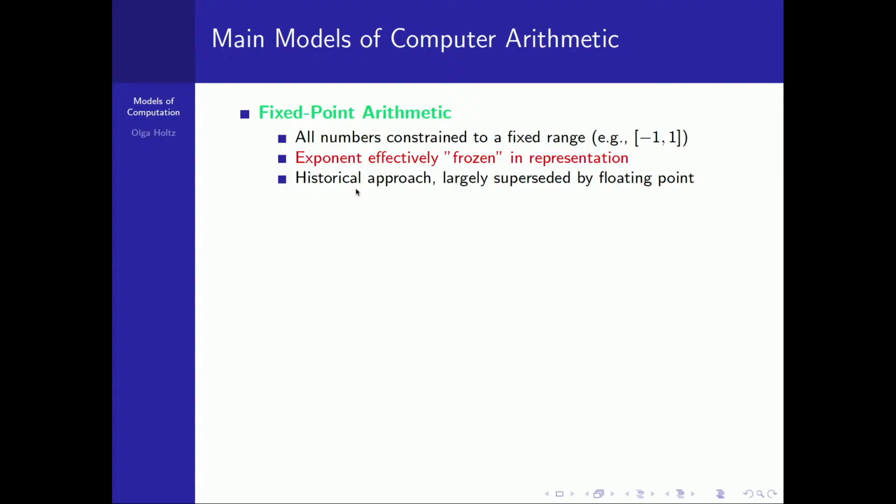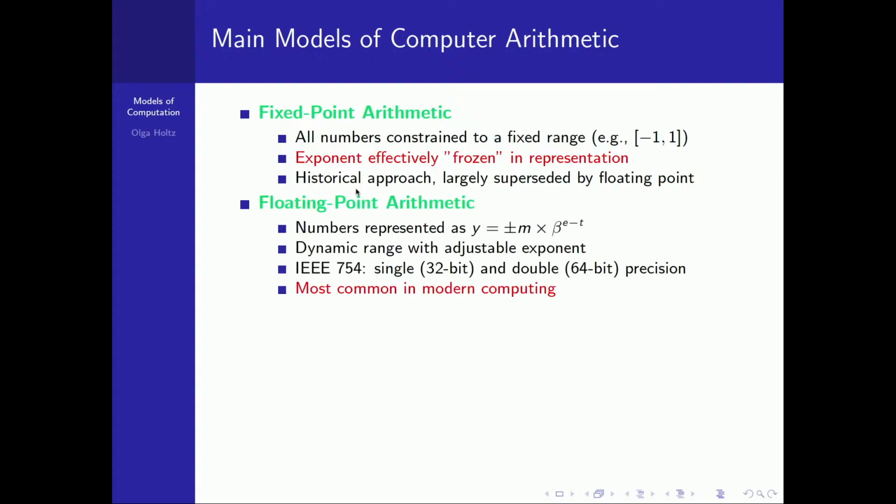This is historically perhaps the first model that people considered, and the idea was to look at a certain range of values and represent them the way we usually do when we compute monetary amounts, typically within a specific range. They don't go to infinity. We indicate dollars and cents, for example, and that means 2 decimal points and however many positions you reserve for the digits before your decimal point. So that would be fixed precision.